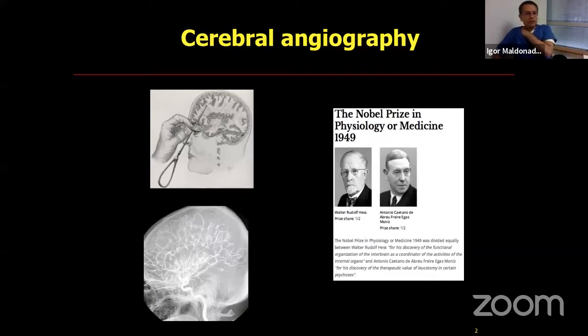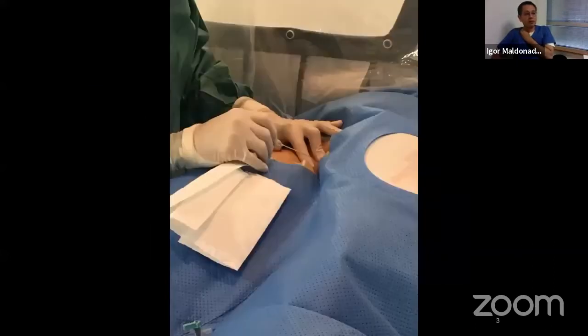This man shared a Nobel Prize for the development of the frontal leucotomy. As you see here, it was one of the most controversial Nobel Prizes ever awarded. Of course, he could have won the prize years before because of his contributions in detecting intracranial pathologies using cerebral angiography.